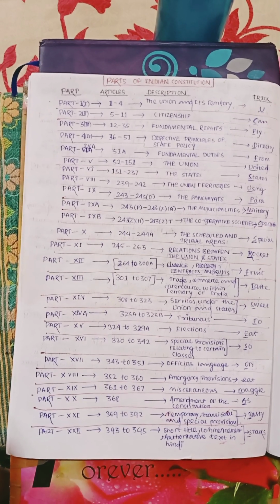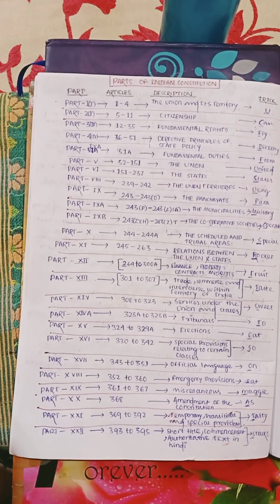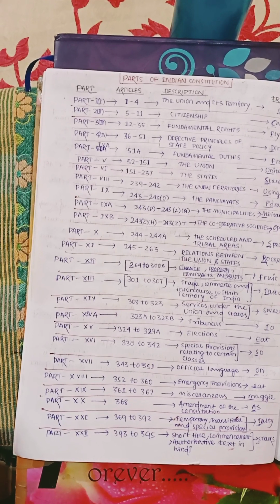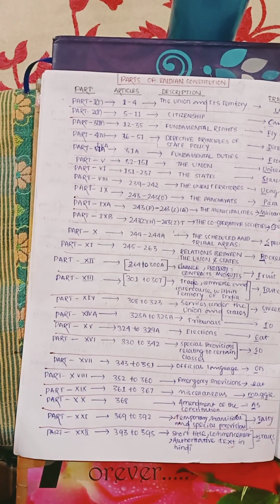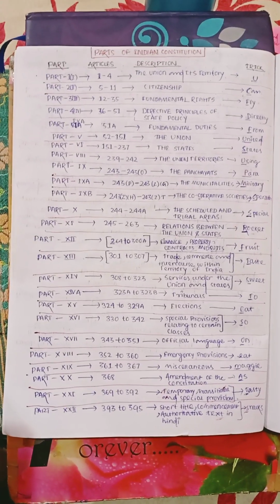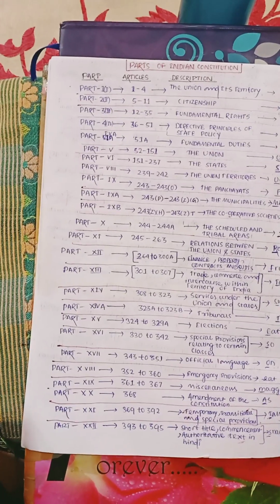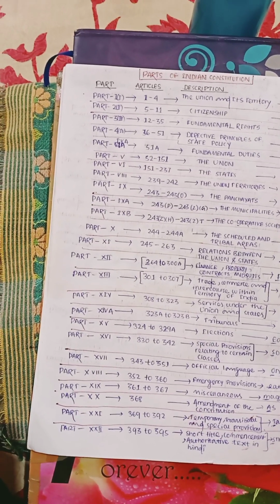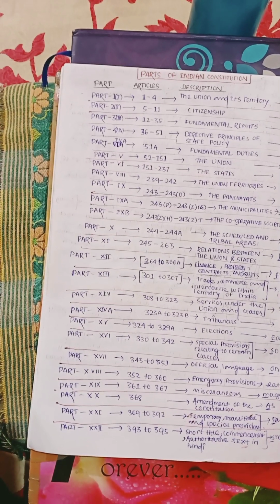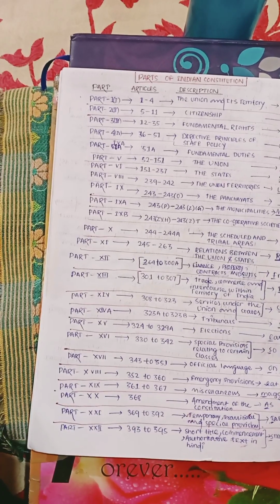In part 18, to remember emergency provisions, you use the trick eat. And to remember part 19, miscellaneous, the trick is Maggie.